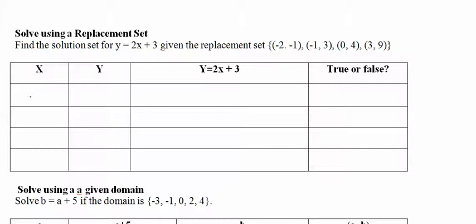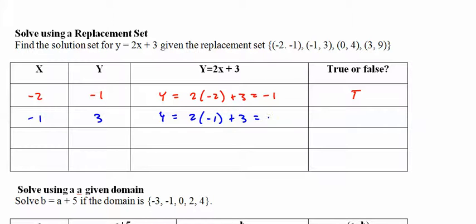So I put in negative 2, negative 1. I say y equals 2 times negative 2 plus 3 equals negative 1. That's true. Now we're just seeing if the points fit. Negative 1, 3, y equals 2 times negative 1 plus 3. We get negative 2 plus 3 is 1.